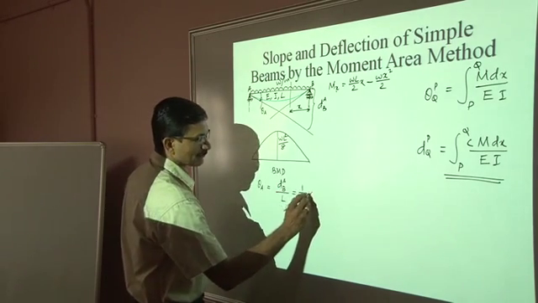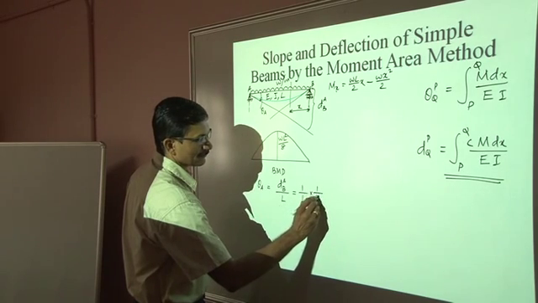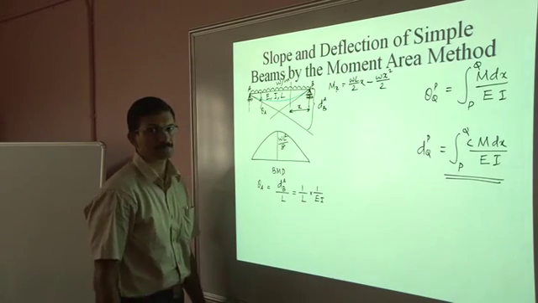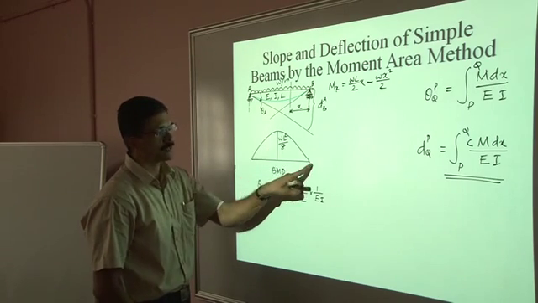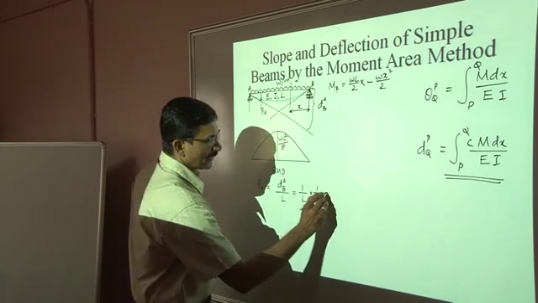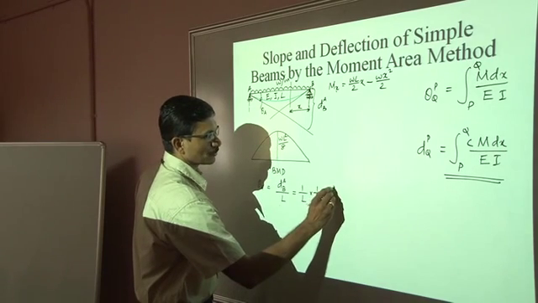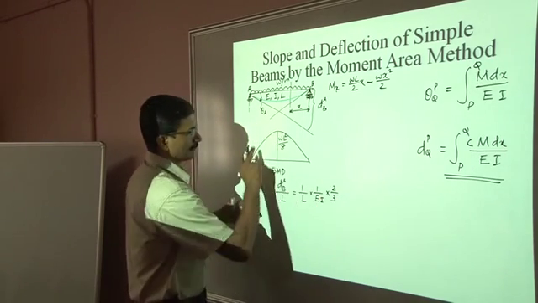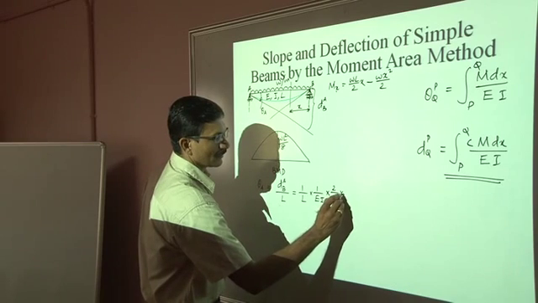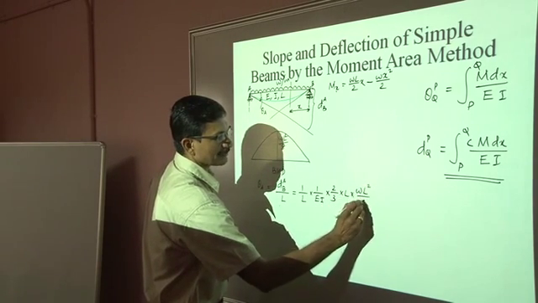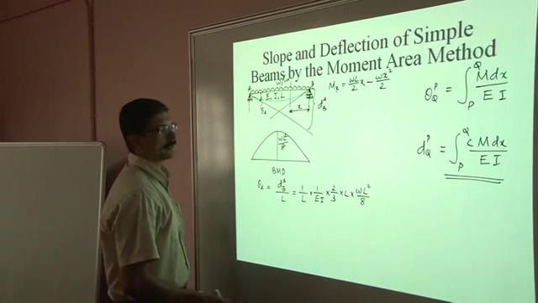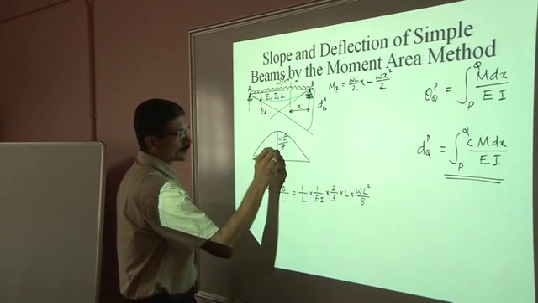dBA is 1 by EI into the first moment of the bending moment diagram with respect to this end. So area of the bending moment diagram is 2 by 3 into L into W L square by 8. Centroid will be at the center because of symmetry.